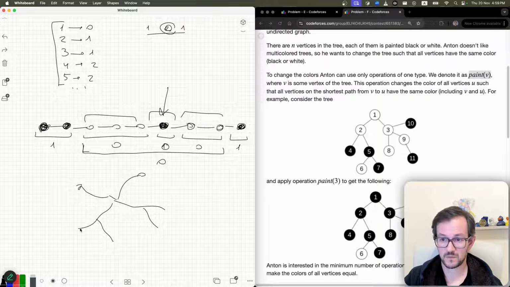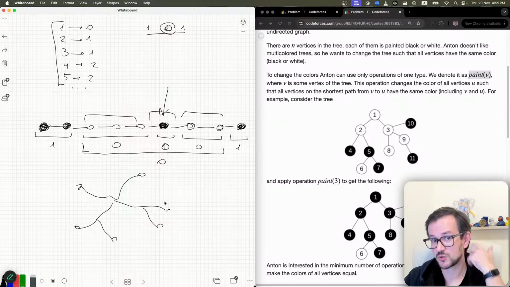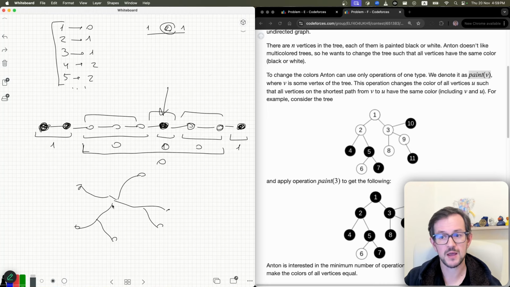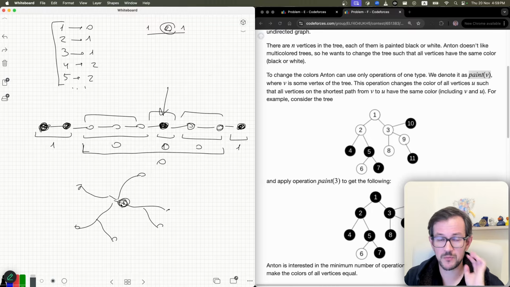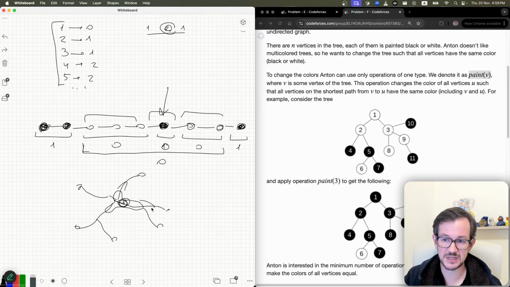I'm just thinking, so it's just intuition, it's not an algorithm right now. I think, okay, maybe I take some center of the tree in some sense, and just apply the operation here. So I have some component here, and every time this component extends until it covers the whole tree.